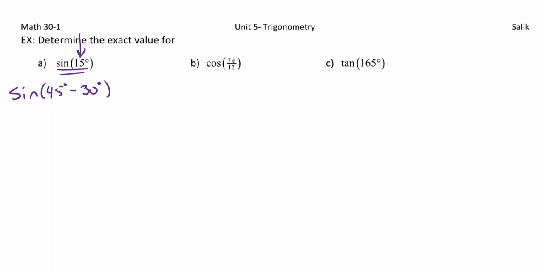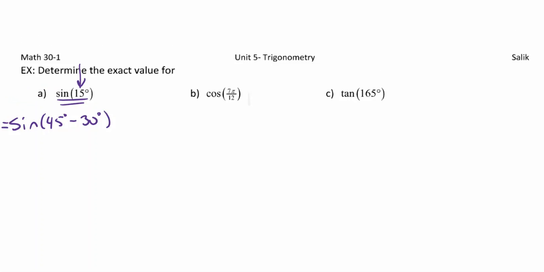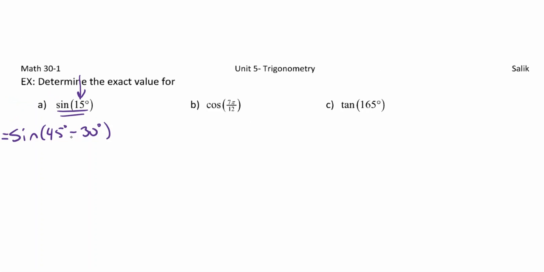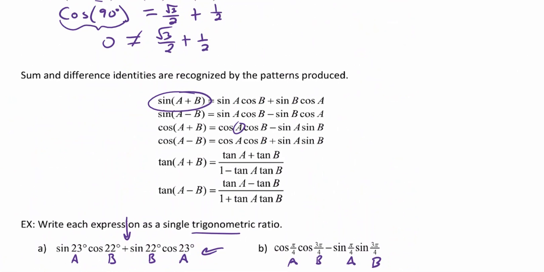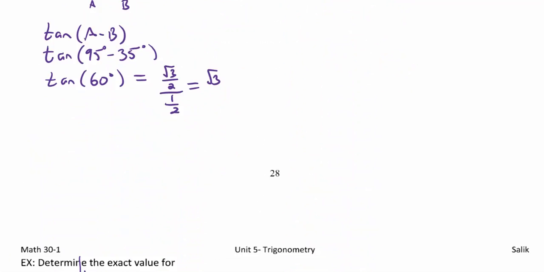And the reason why I'm going to do that is because now I can use my sum or difference identities to solve for this one. So we've got sine A minus B. So which one is that? Let's kind of go up here. So sine A minus B. So that's this. So I can rewrite it all out as sine A cos B, yada yada, right?